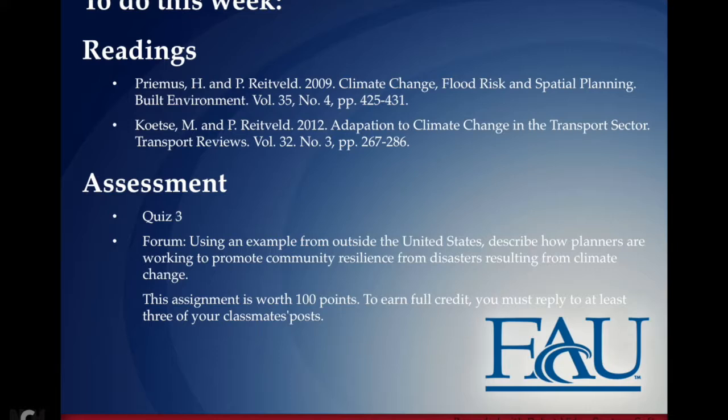And the second reading is by Coetzee and Retfield from 2012, Adaptation to Climate Change in the Transport Sector. You have to complete quiz number 3 this week, and please contribute to the forum, which is using an example from outside the United States. Describe how planners are working to promote community resilience from disasters resulting from climate change.